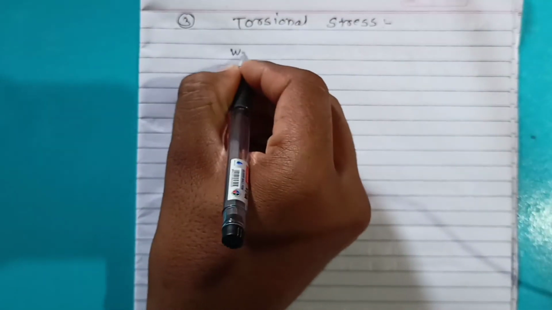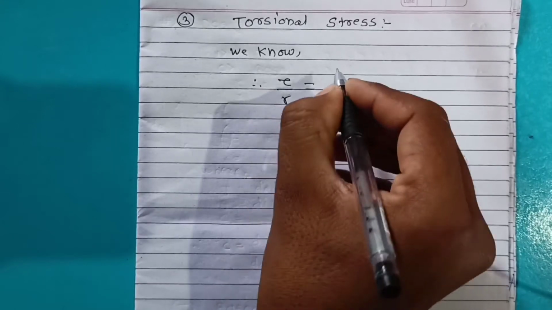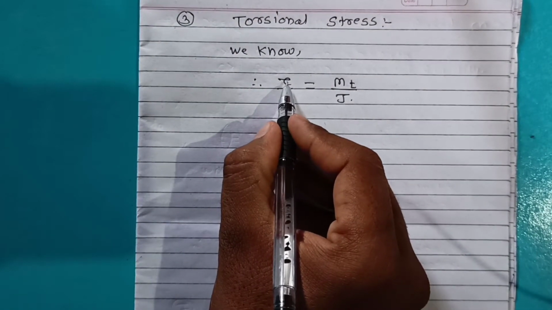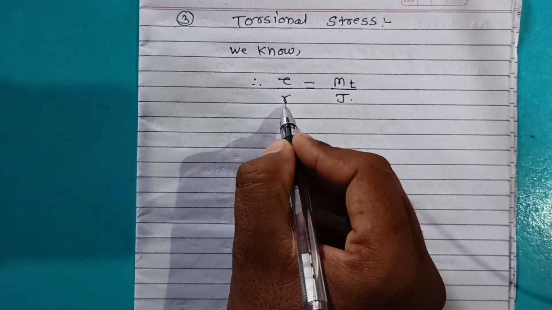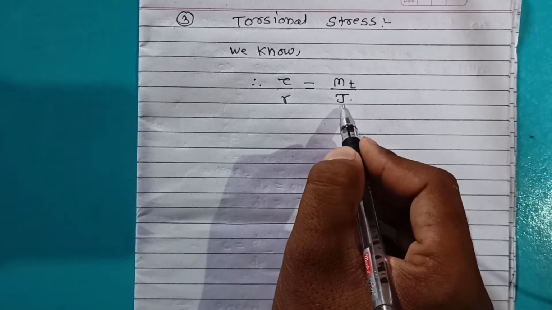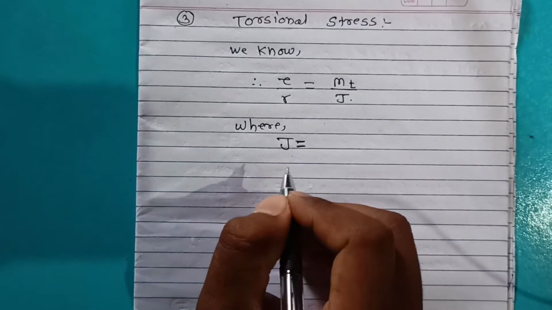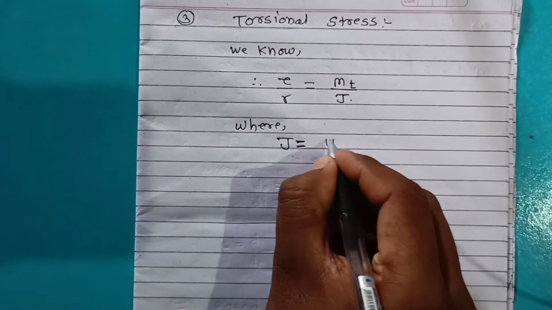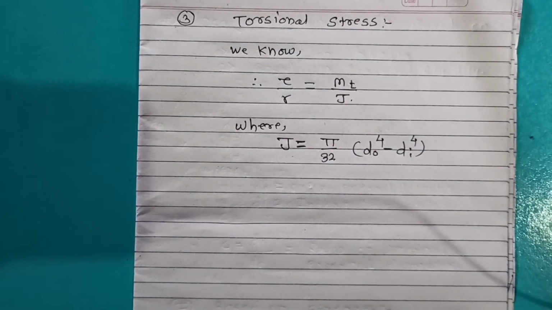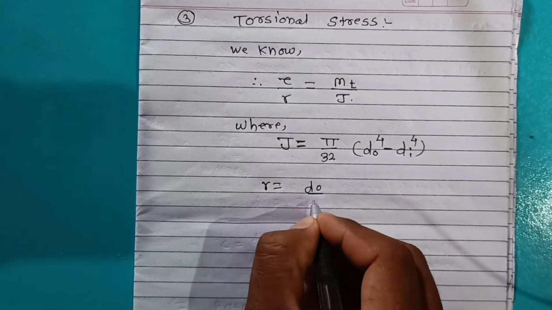Now see, we know the equation tau by r is equal to Mt by J. Here tau is nothing but torsional stress or shear stress, and r is the radius of the shaft, Mt is the twisting moment, and J is the polar moment of inertia, where the value of J for a circular cross section is pi by 32 into do raised to 4 minus di raised to 4, and the radius of the shaft is do by 2.